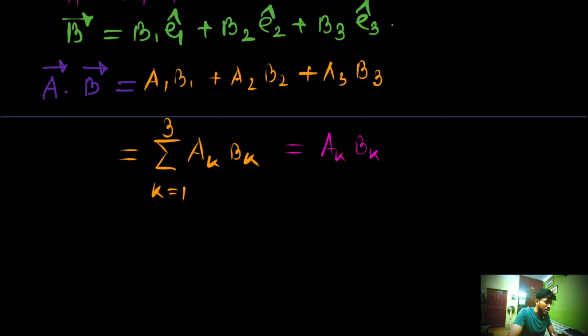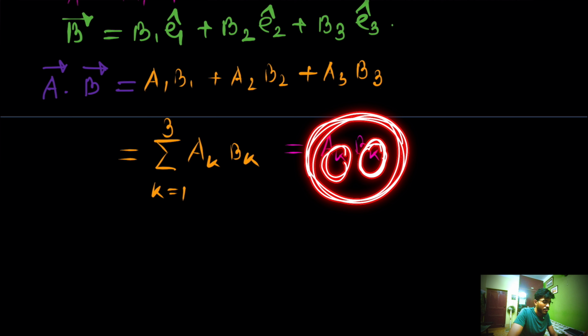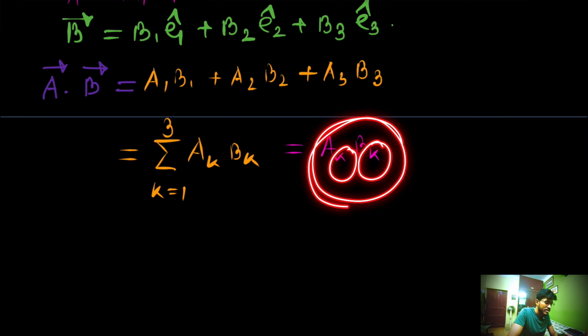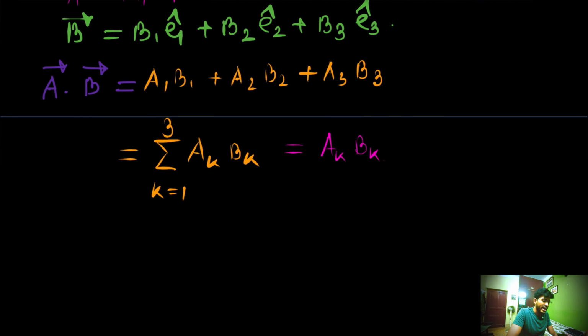Whenever I write AK BK, K is being repeated in the same expression. That means it indicates summation over K, and K can have only 3 values because we are concerned with a coordinate system having 3 independent directions.